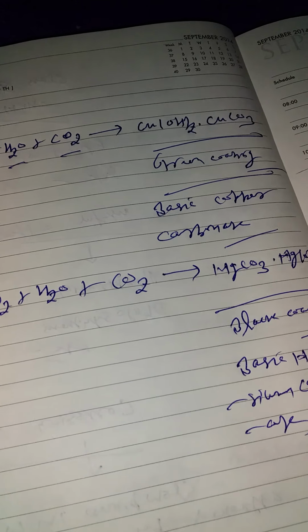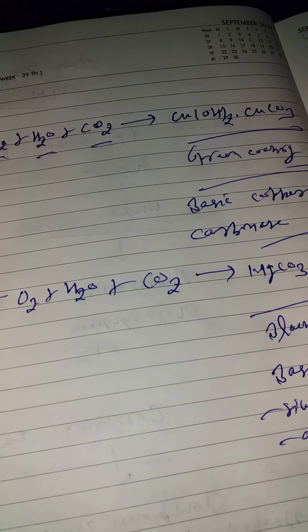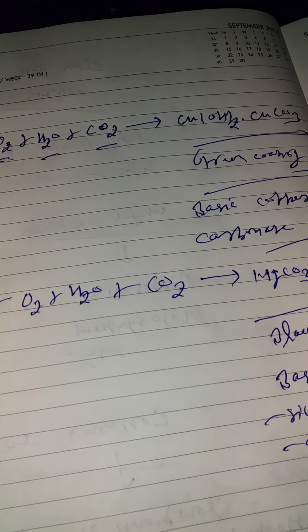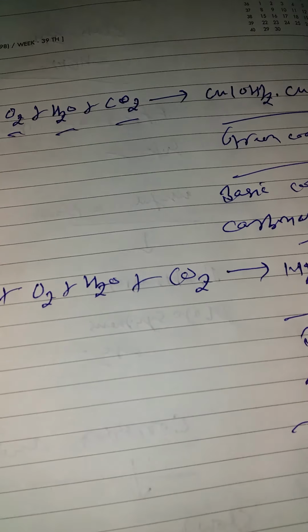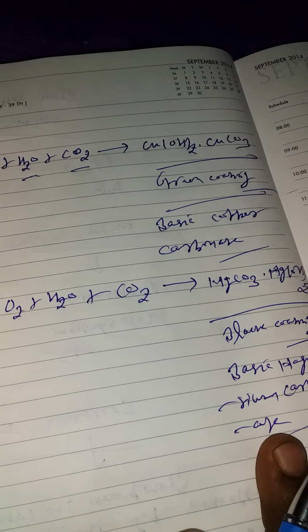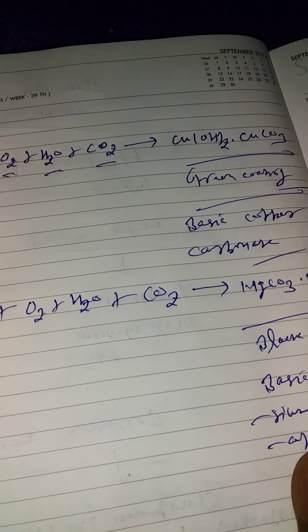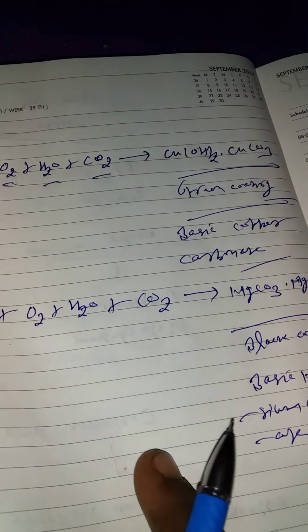This layer is protective, and in a previous problem we have known why we should clean magnesium ribbon before burning in the air. So these layers are formed on different metals such as magnesium, copper or iron due to corrosion.